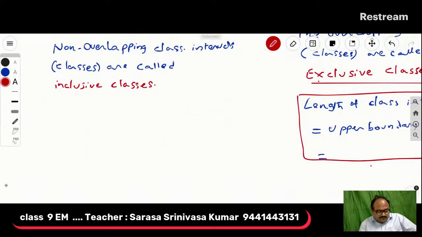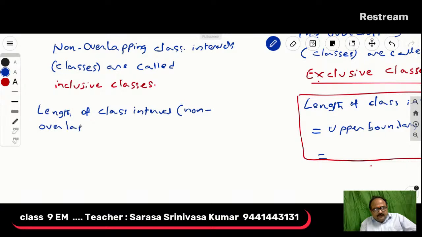Now, how to find the length of the class interval of non-overlapping class intervals?